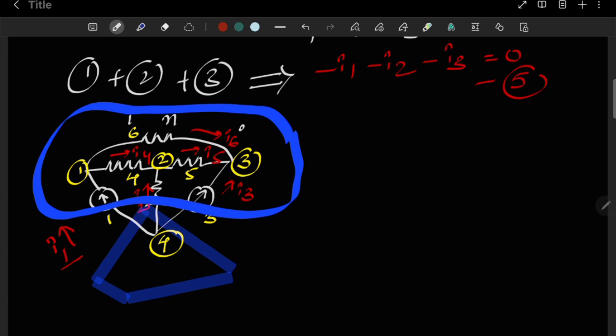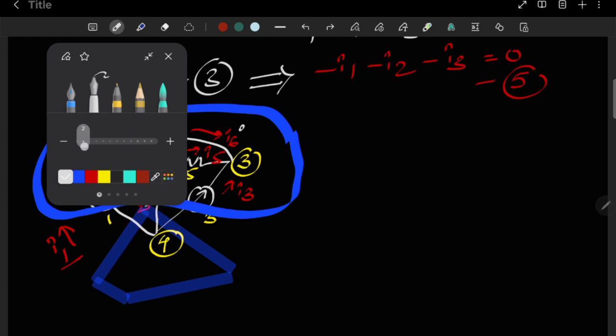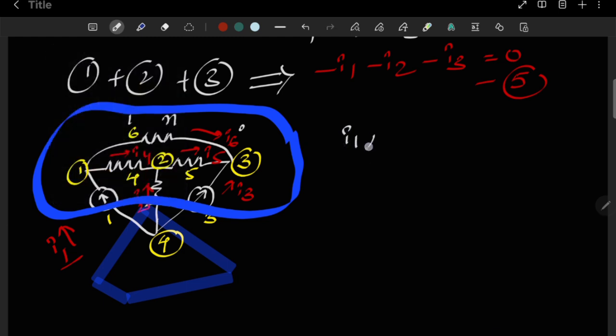The currents leaving the surface involving node 4 are the same currents entering these 3 nodes. At node 4, the currents leaving are I1, I2 and I3.